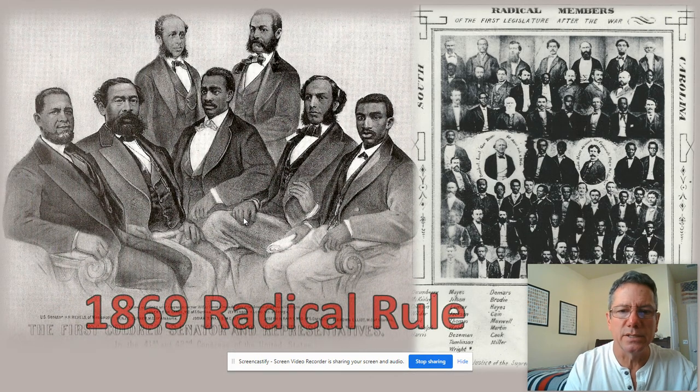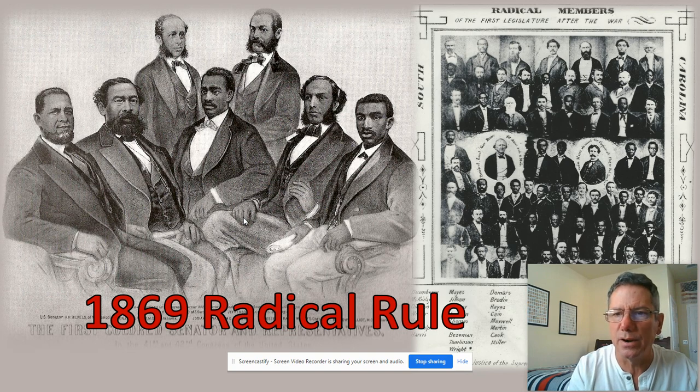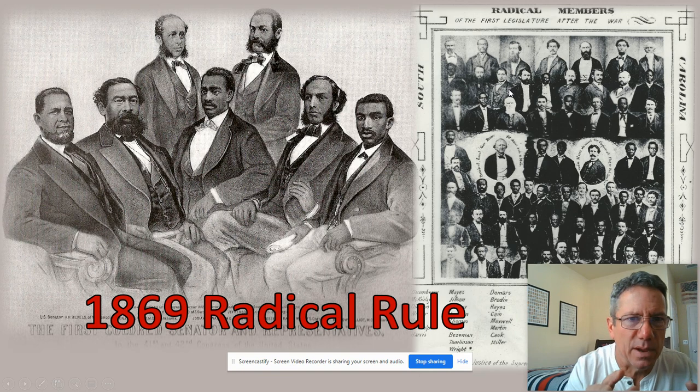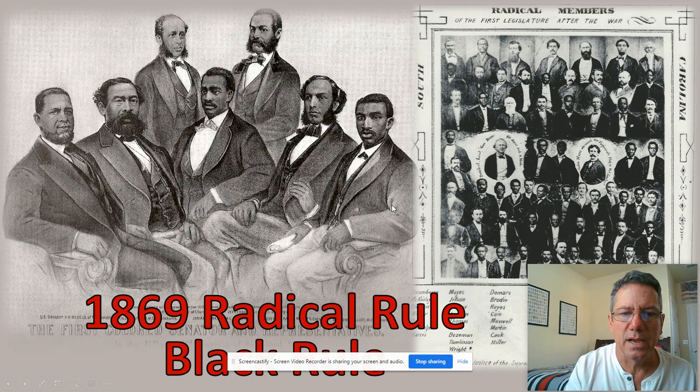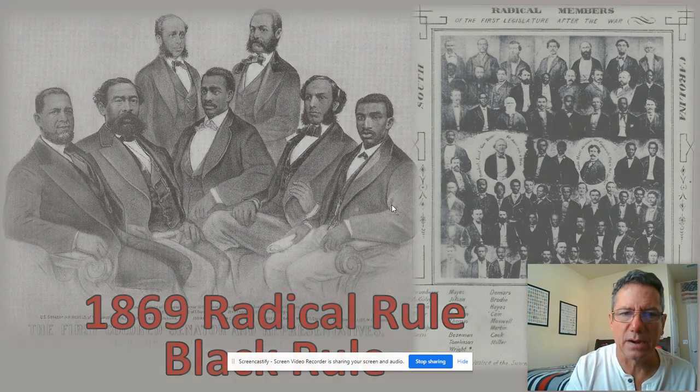So this brings about what is often known as radical rule. And again, now blacks are going to start to share the governments in the actual South. So think Sacramento, think Albany. Their state governments are going to be a mixture of sometimes radical Republicans and then blacks that have been voted for the first time. This is called radical rule, and sometimes you're going to hear it called black rule in the time period.